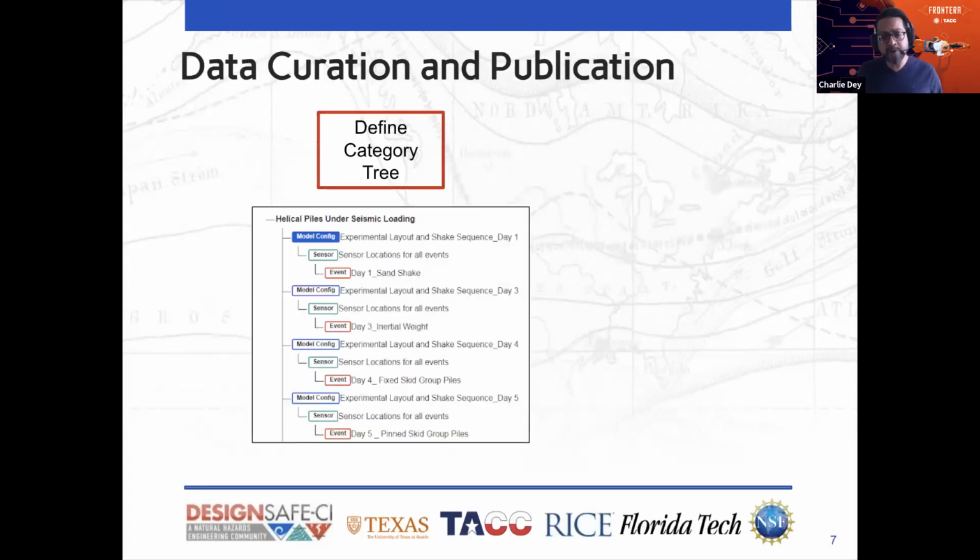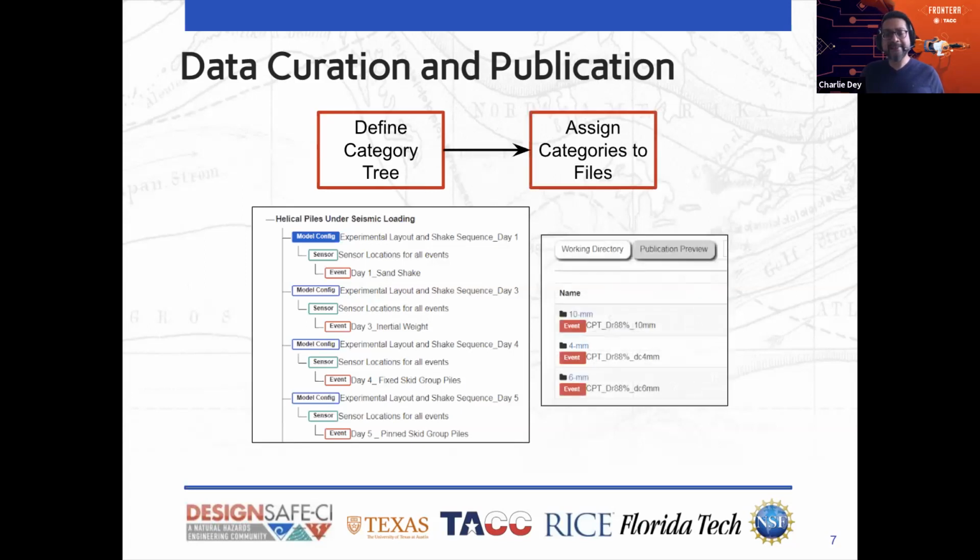But what she's going to help you do is essentially define what your category tree would look like for your data set. What are the major categories? What are the minor categories? How does the data relate to itself? How do the categories relate to one another? And then assign those categories to your individual data files, right? So what file is representative of what data set, and how do you go through and categorize that?